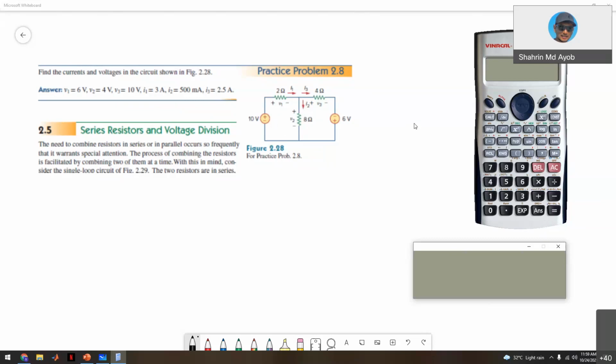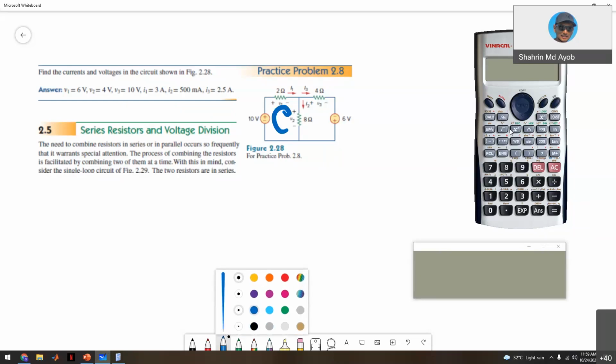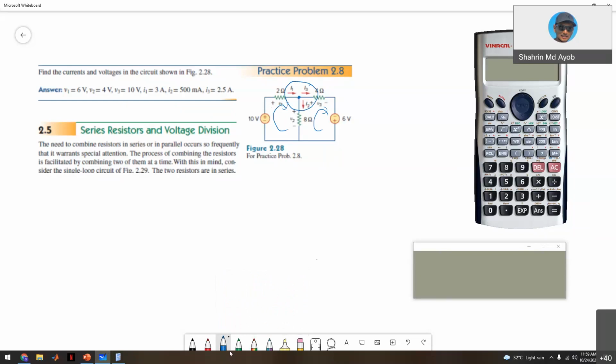I can see that we have two loops, and then we have a node here. We have three voltage variables, V1, V2, V3, and also I1, I2, I3.